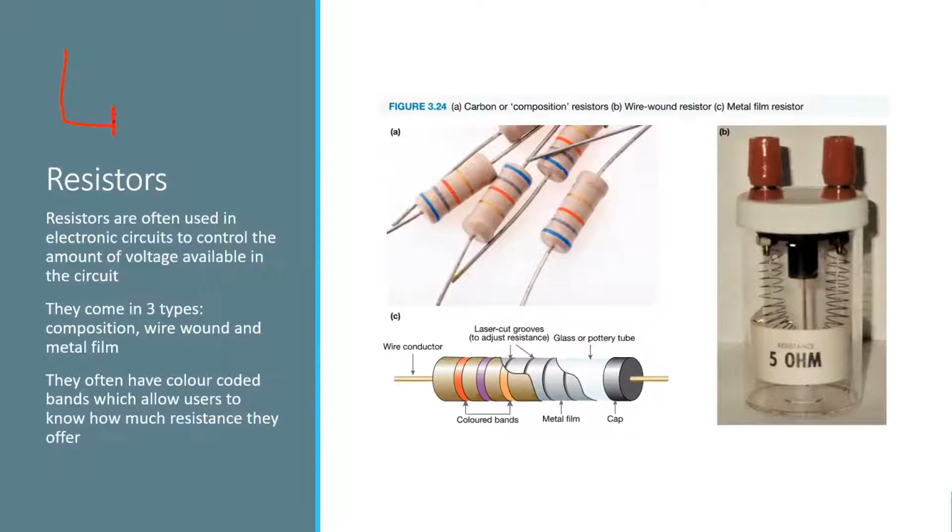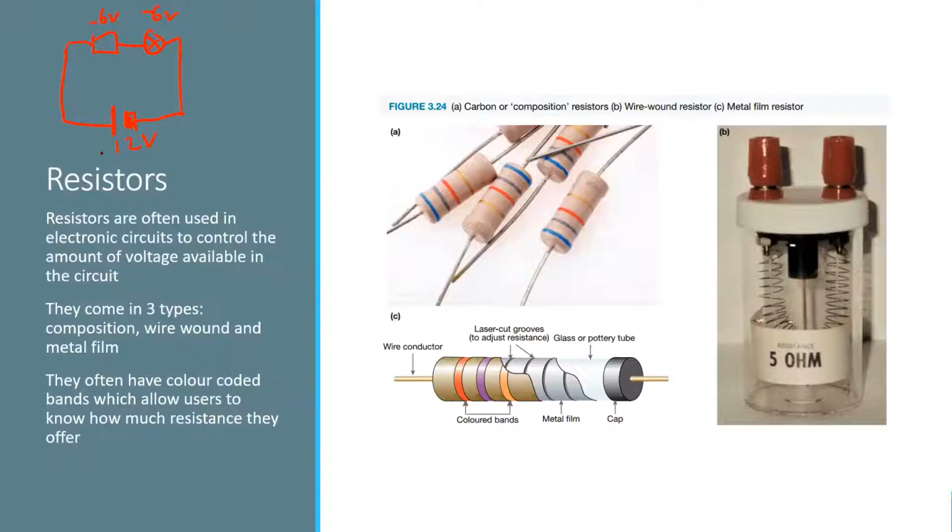If I've got a battery, a resistor and a light bulb, and this is a 12 volt battery, then what would normally get dropped over the light bulb is 12 volts. But now if I put a resistor in, I might lose maybe 6 volts to push through that resistor. So that means I only have 6 volts left to drop over the light bulb.